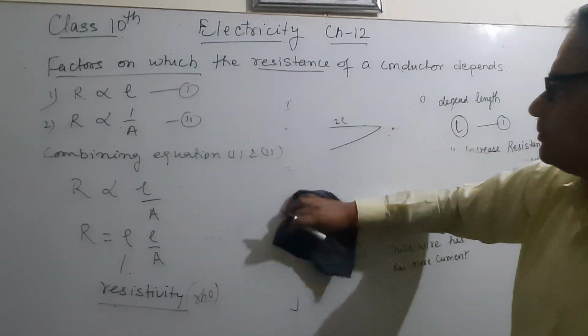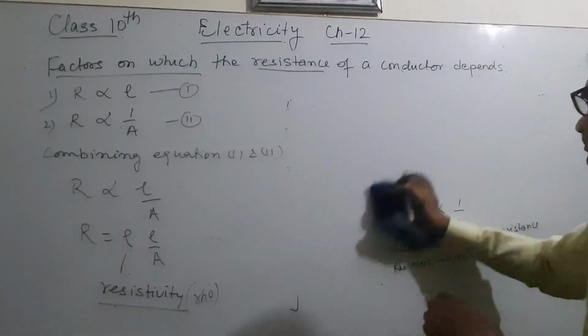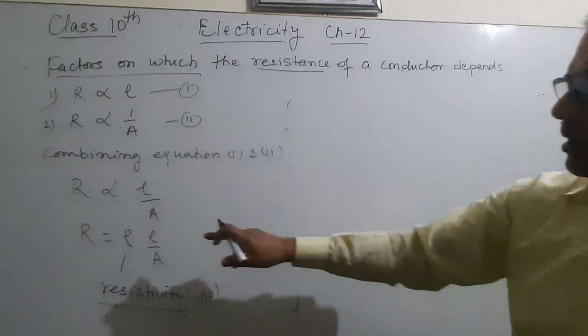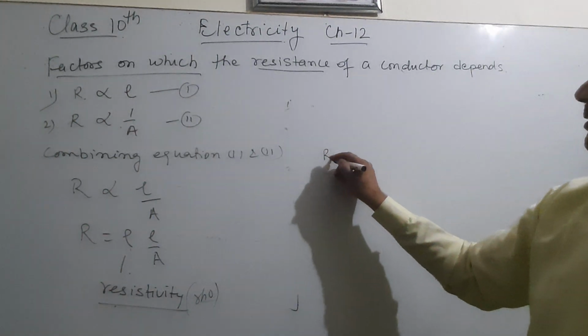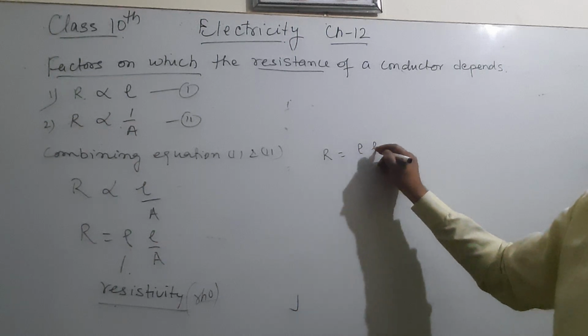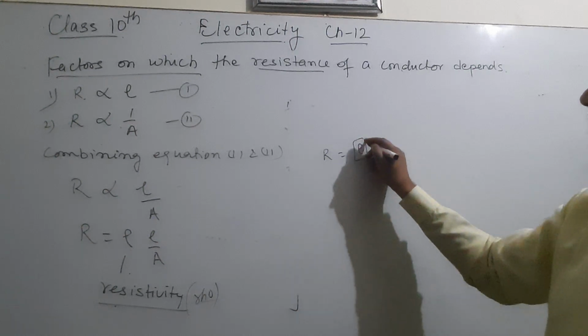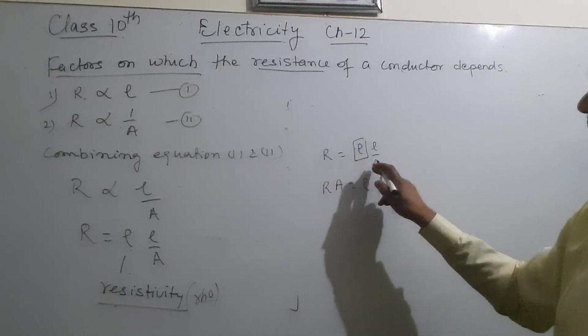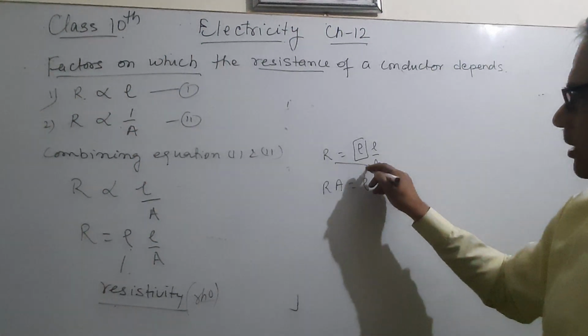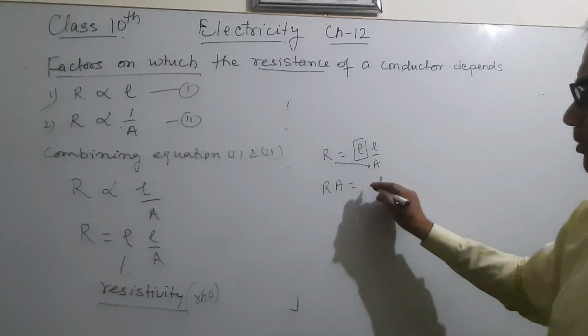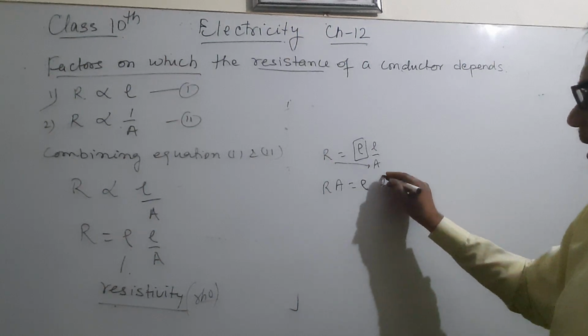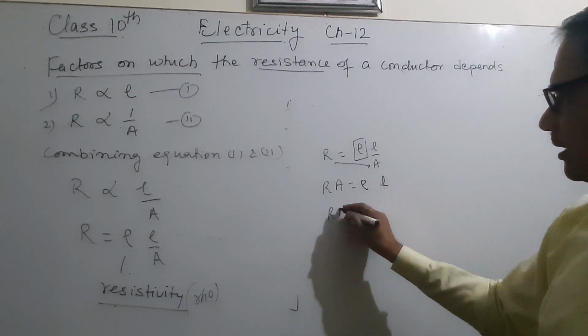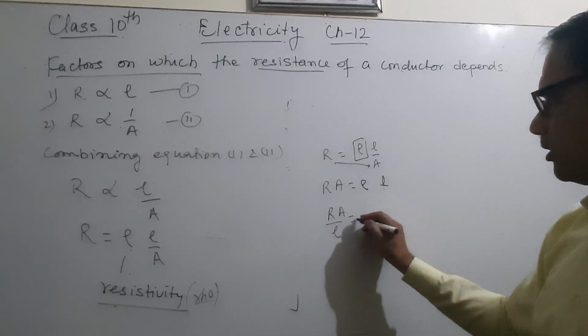And now, what is the resistivity? Here R is equal to rho L upon A, then cross multiply: R into A is equal to rho into L. This is rho and this is L. That means R A upon L is equal to rho.